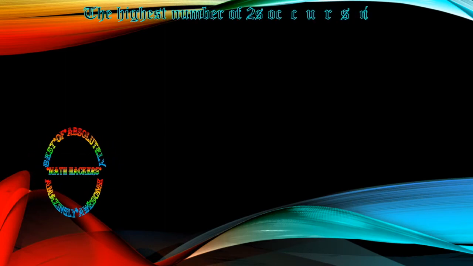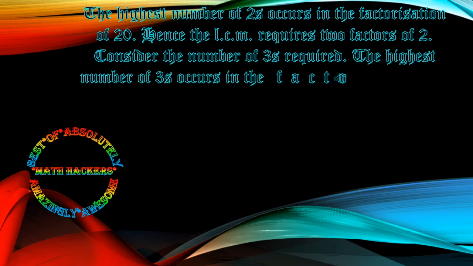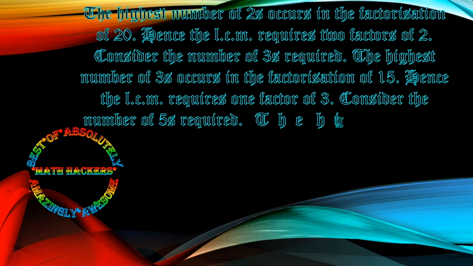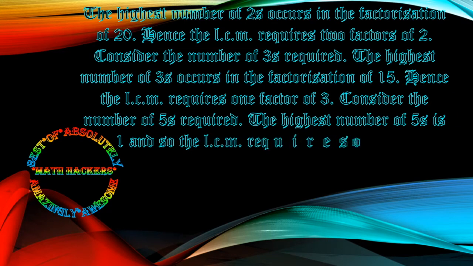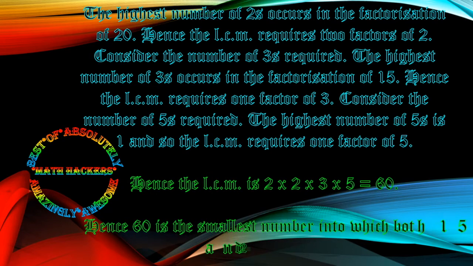The highest number of 2s occurs in the factorization of 20, hence the lowest common multiple requires 2 factors of 2. Next, we consider the number of 3s required. The highest number of 3s occurs in the factorization of 15. Hence, the LCM requires 1 factor of 3. Consider the number of 5s required.